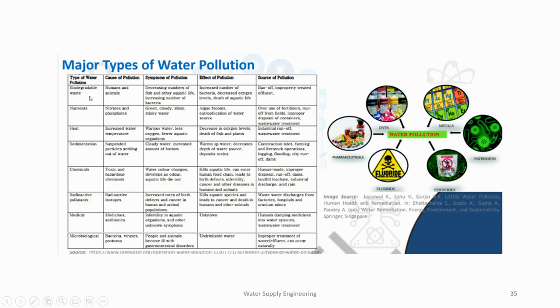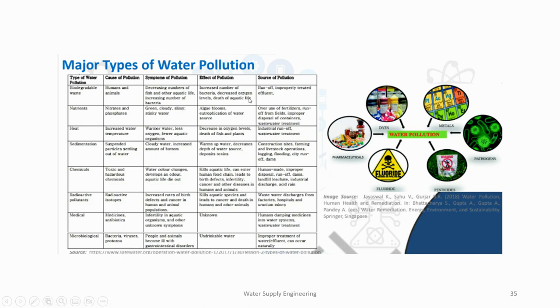Biodegradable waste. Biodegradable waste is generated by humans and animals. Once this is discharged into a water body without proper treatment, it will result in a reduced number of flora and fauna and may increase the number of bacteria.